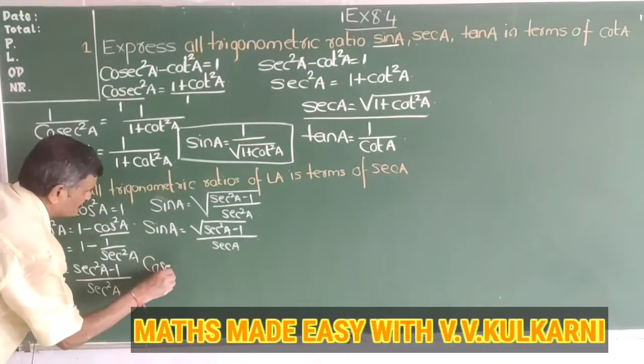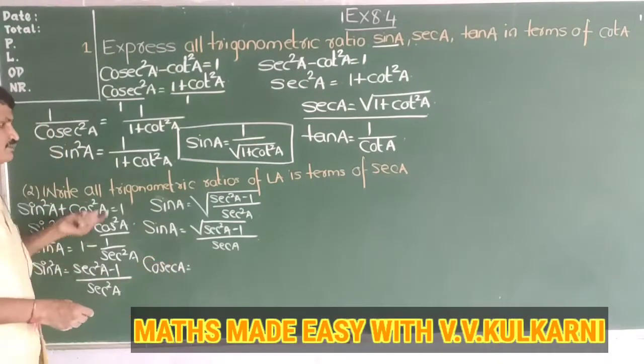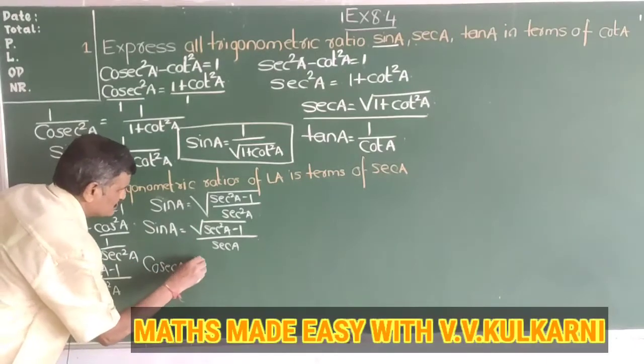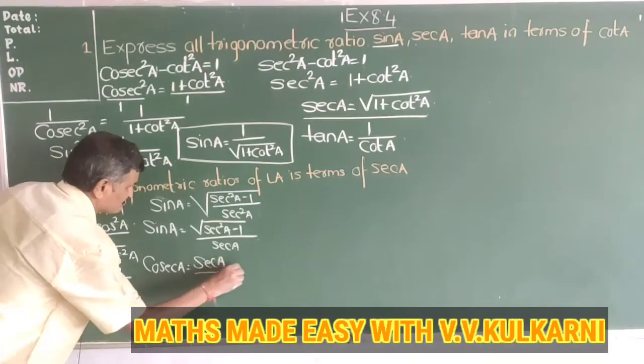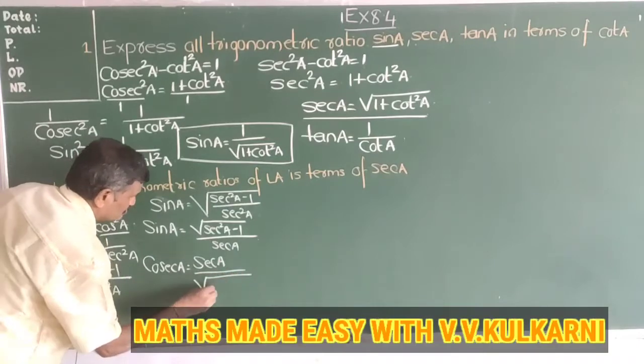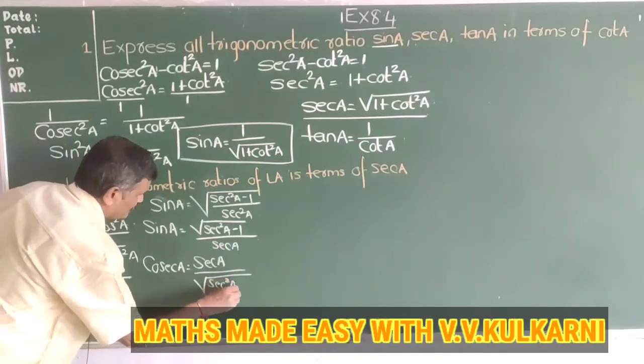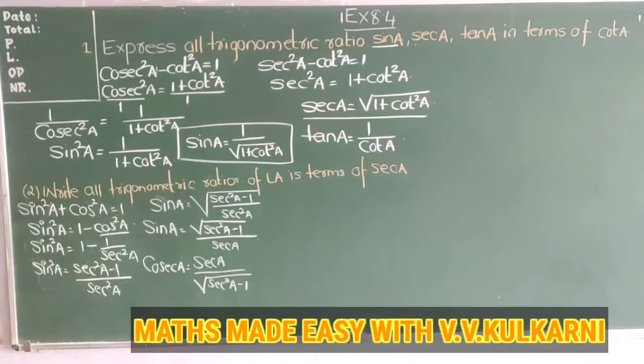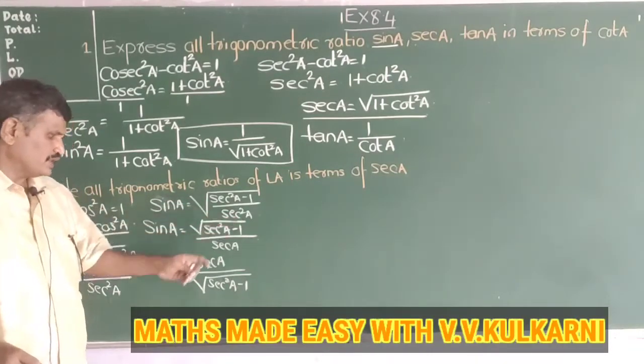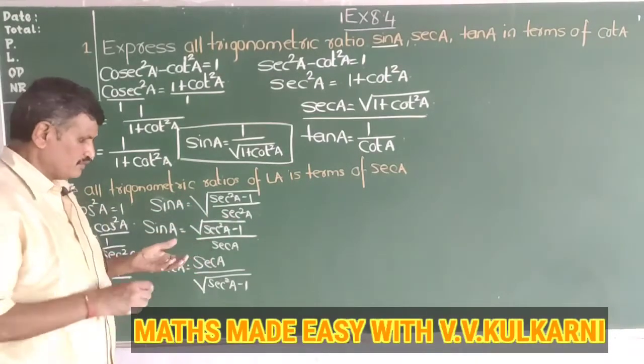Cosec A, if I want, cosec is the reciprocal of sine. That means sec A by under root secant square A minus 1. Now sine is converted in terms of sec, cosec is converted in terms of sec.